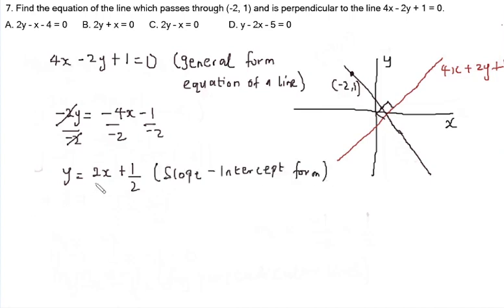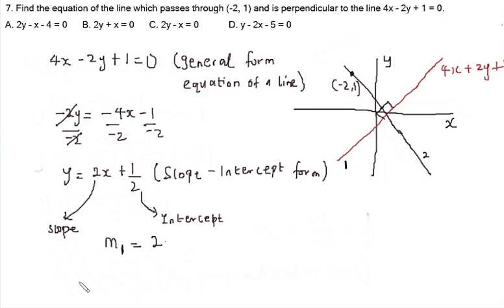This is the slope of our line, and this is the intercept of our line. So we can now see that the slope for this red line here, let's call the red line 1, and then let's call this line 2. So let's say the slope for the red line is m1 equals 2.